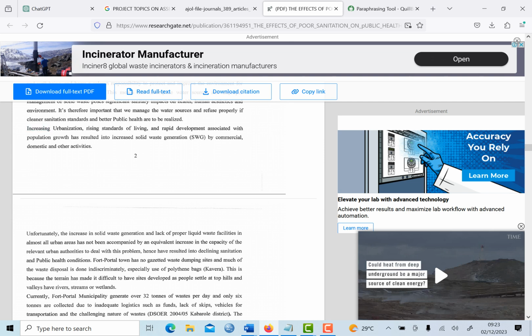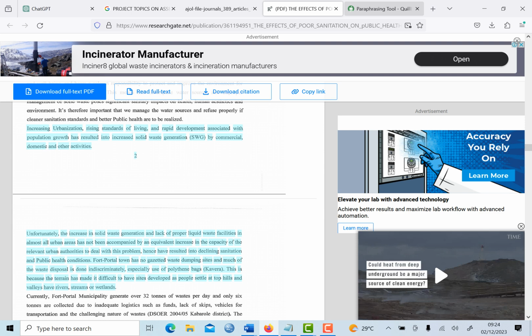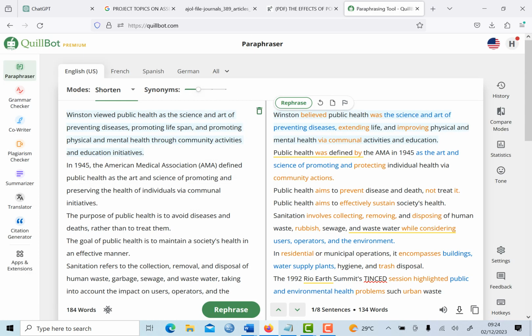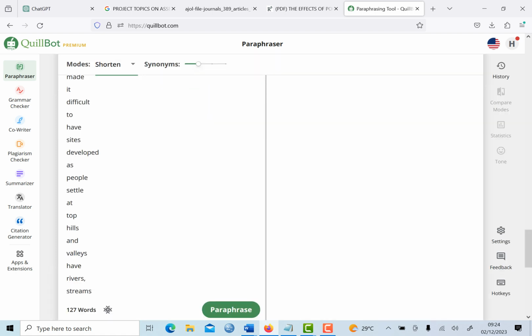Copy from this down to this, and to this, into my paraphrasing tool and paraphrase.